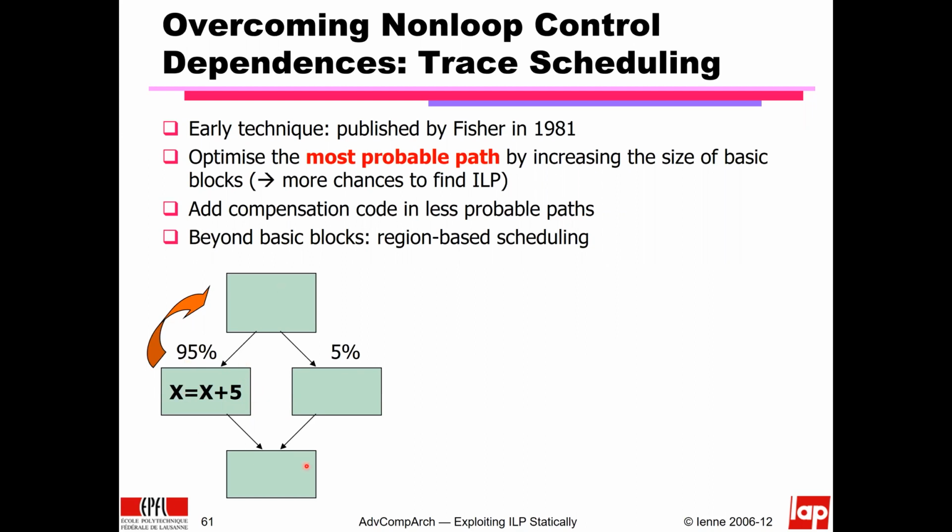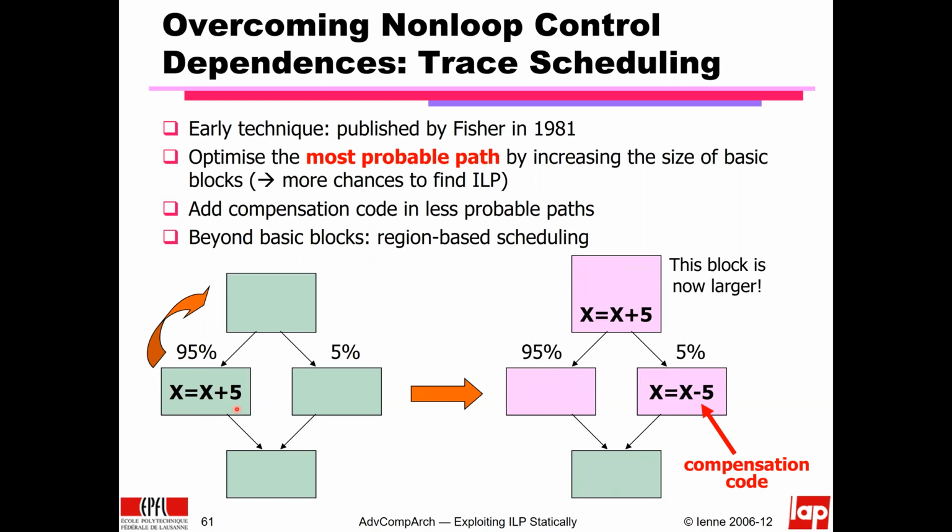Suppose that you have this program, an if-then-else, and you typically take this part, and you would like to do things faster. Faster means I want bigger basic blocks, because bigger basic blocks give me more chances of good scheduling. So you could move this operation into the preceding basic block, the one that is executed anyway.